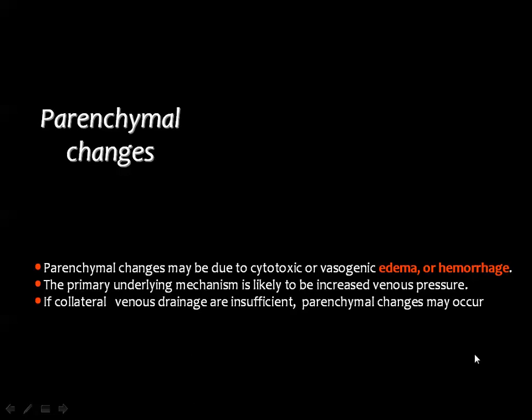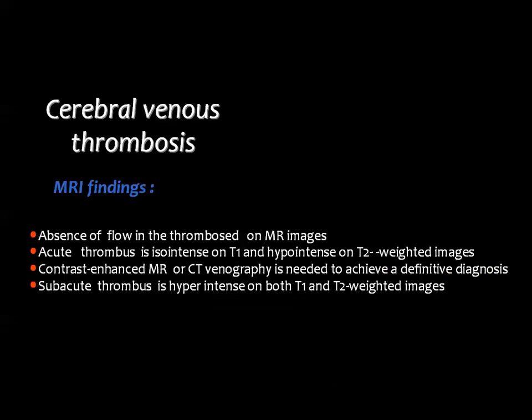Parenchymal changes secondary to sinus thrombosis will be due to vasogenic edema, then cytotoxic edema of the ischemic tissue, and sometimes you get hemorrhage or hemorrhagic infarction, ischemia first and hemorrhage after that. In MRI, if you have the MR venogram, you will not see flow in the thrombosed sinus, and the acute thrombus will be exactly similar to the acute hematoma.